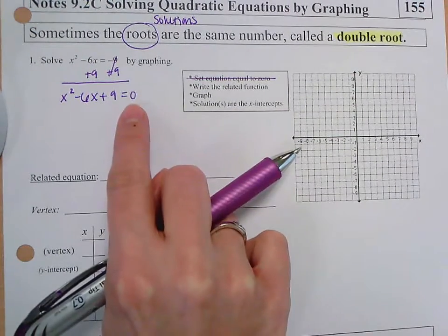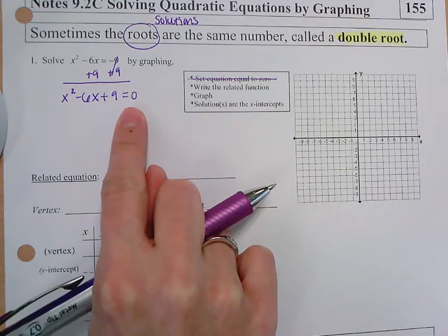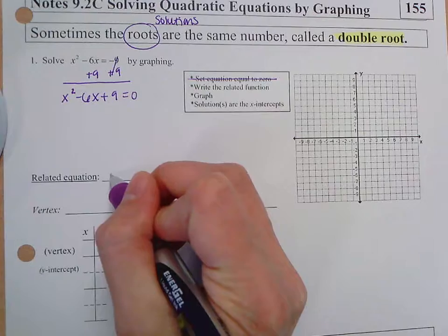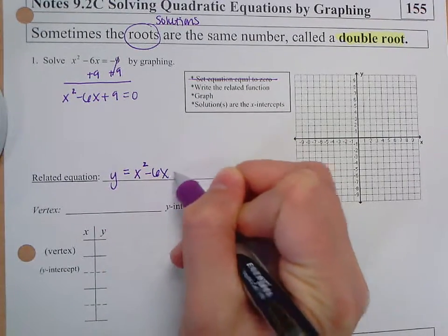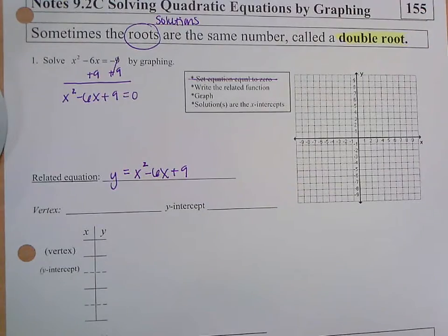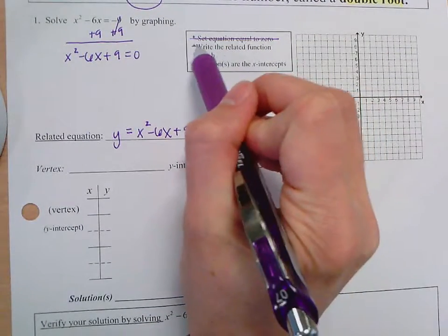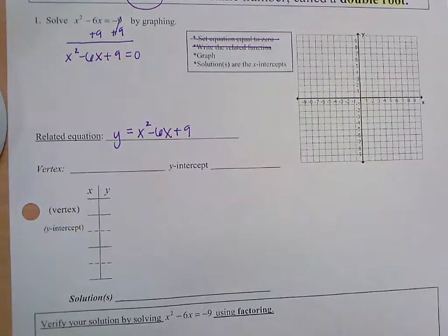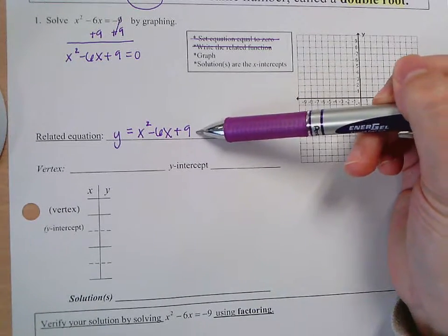Yep, you replace the 0 with y. So you could have the equals y, keep it at the end, or I like to write it in front for the equation. So y is equal to x squared minus 6x plus 9. So you're just replacing the 0 with y. Okay, that's step 2. Step 3 then is now to graph this equation.